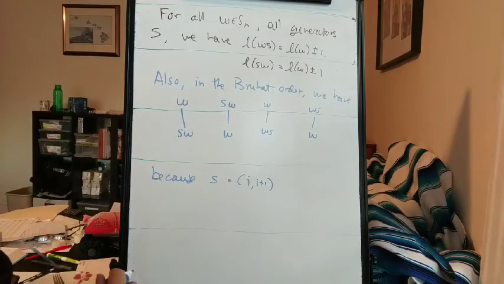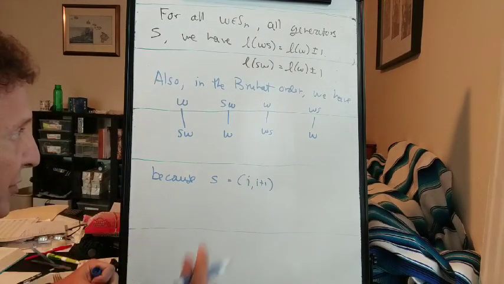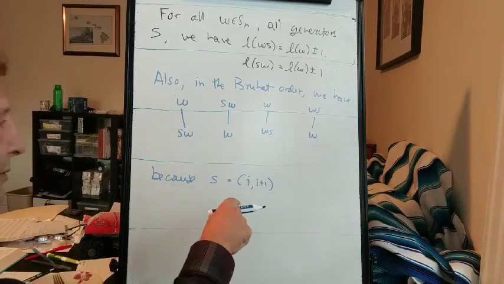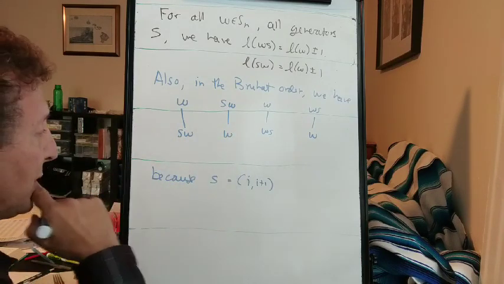Therefore, it's a transposition, and multiplication by a transposition is how we define the Bruhat order.